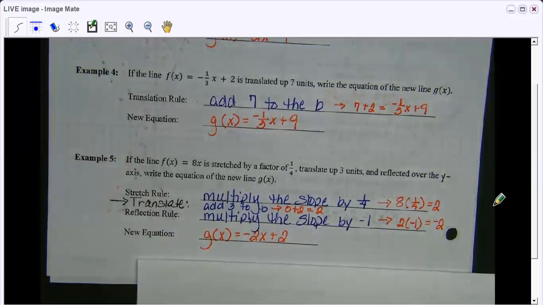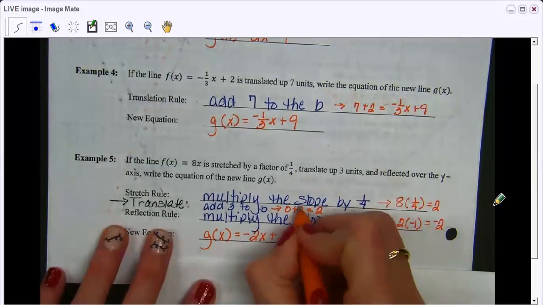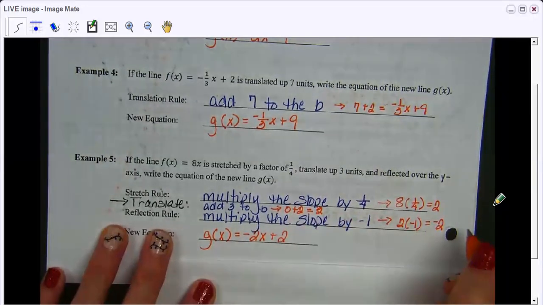So when I had originally done this, I forgot to put in a translation rule. So the translation rule is in between the stretch and reflection. Plus, add 3 to the, oh, goodness me. So this is 3, 3.